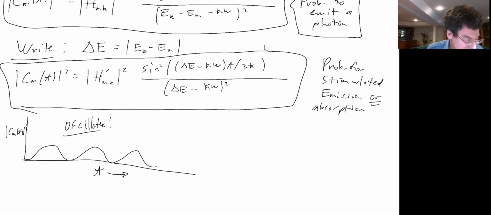But now the frequency of oscillation is equal to delta E minus h bar omega divided by h bar.